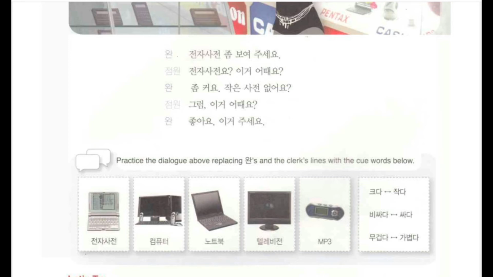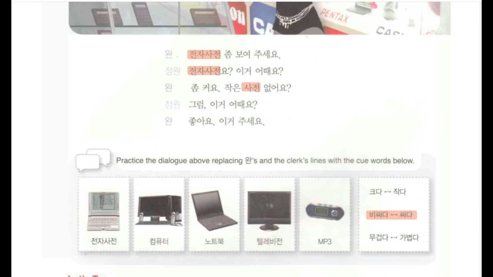Very good. Let's practice with some other substitutions. There are many electronic devices here. So instead of 전자사전 or 사전, you have to change the items here. Also, instead of these adjective pairs, we're going to use this one this time.